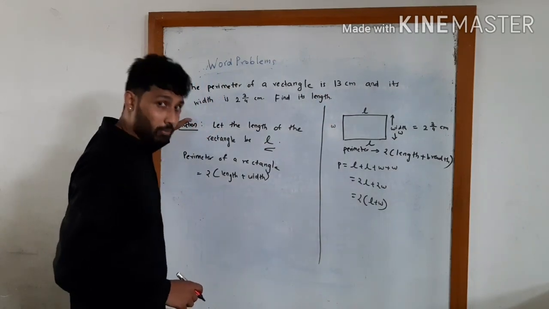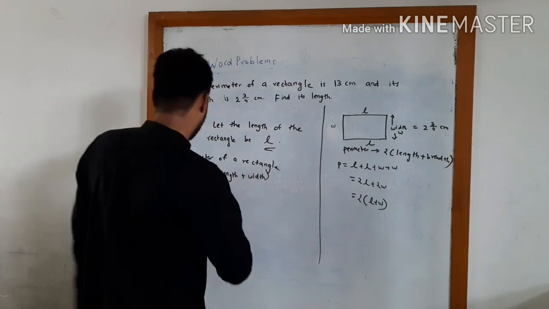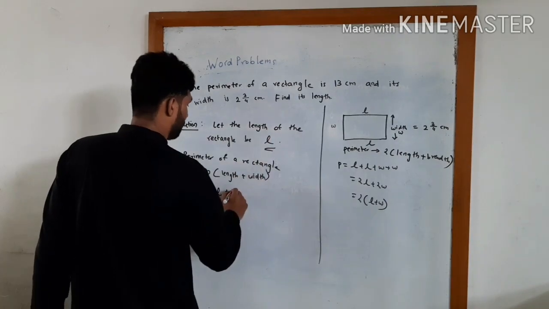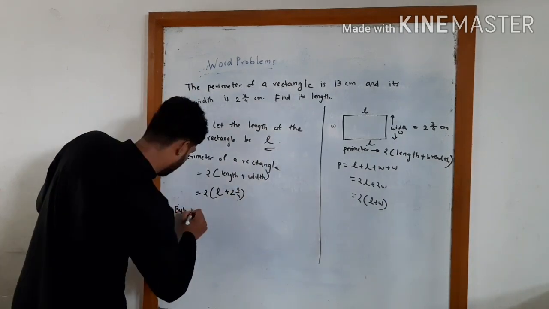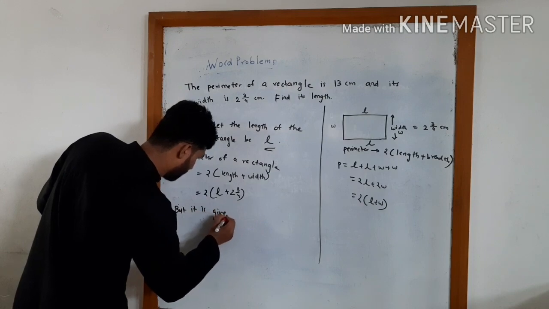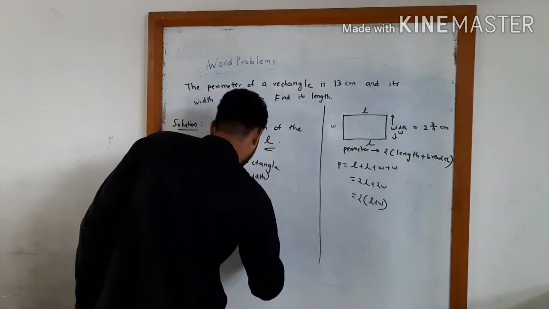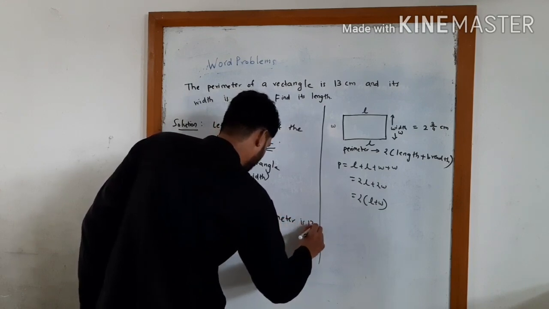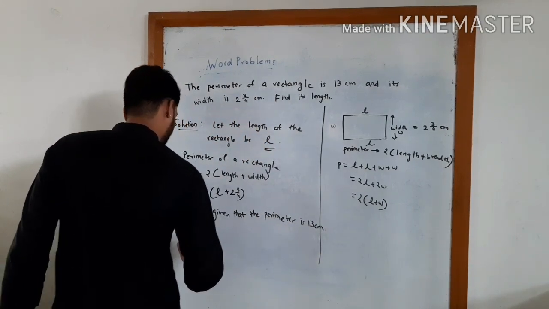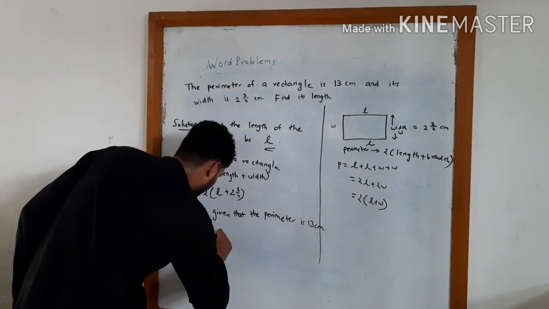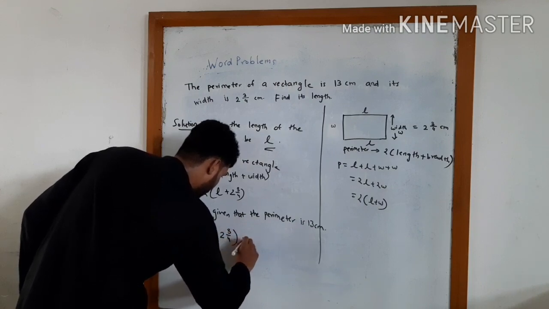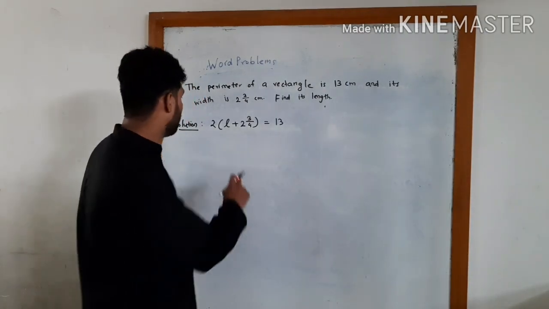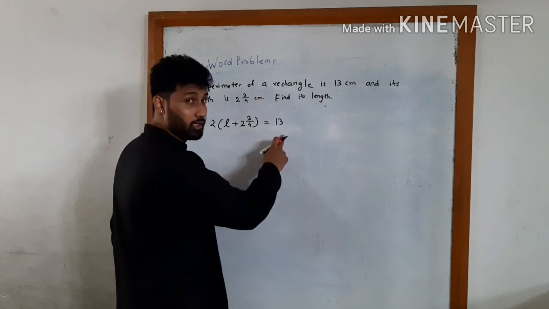If the question says breadth, use the word breadth over here. Is equal to 2 into L, because length is L, plus width is 2 integers 3 by 4. But it is given that the perimeter is 13 centimeter. Therefore, we have 2 multiplied by L plus 2 integers 3 by 4 is 13. I hope this much is clear. So the equation we have is 2 into L plus 2 3 by 4 is 13, right?